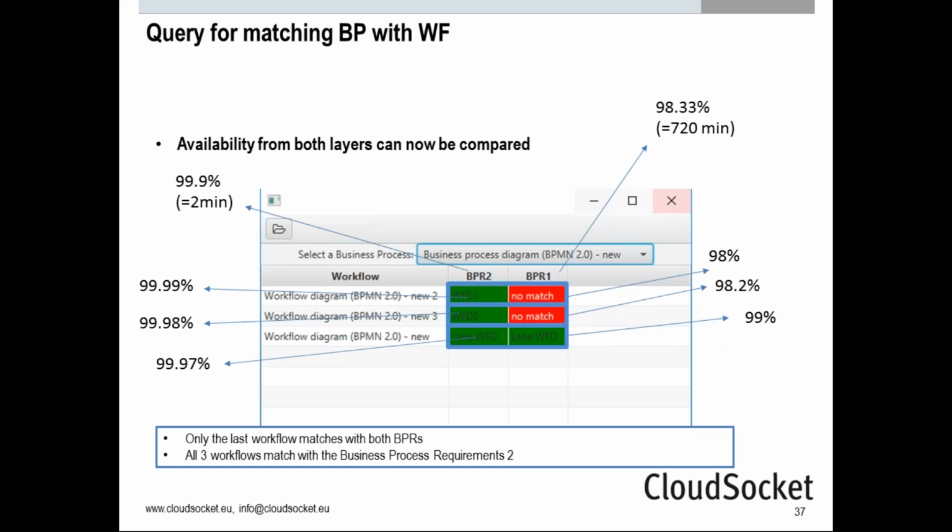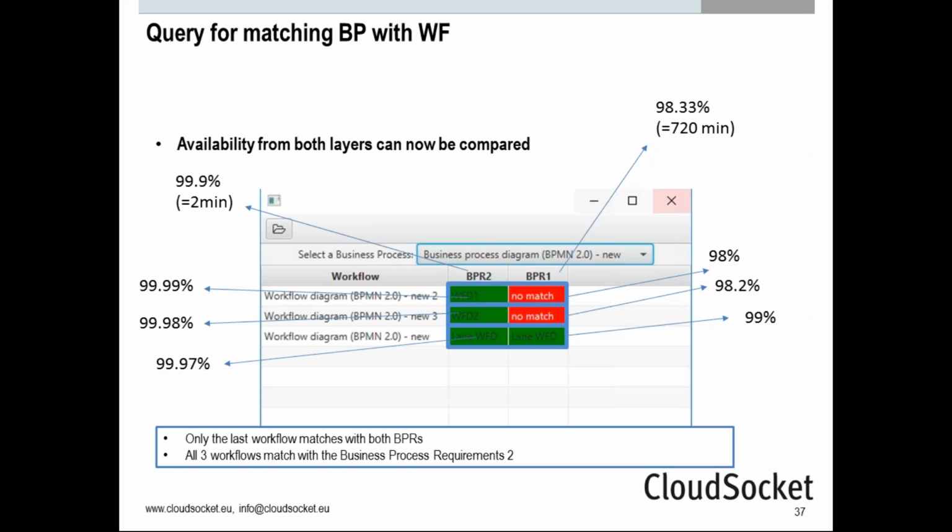With this value we now look at the workflow definitions and workflow descriptions, and we say which workflows match the requirements. In this example, only the last workflow matches the requirements of both business process requirements, and all 3 workflows match the requirements of the second business process requirement too.